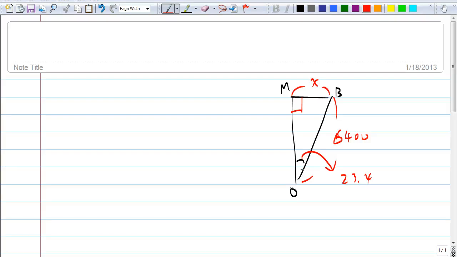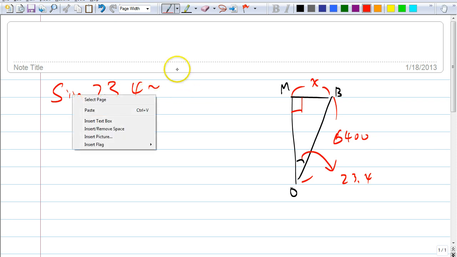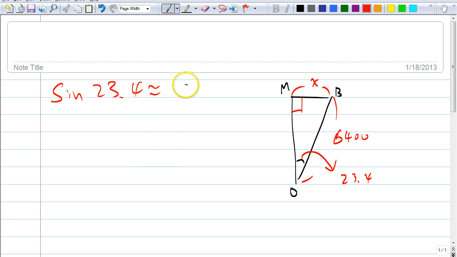Tangent is opposite over adjacent, isn't it? But we know the opposite and the hypotenuse. Oh, wait. We need sine. Very good. So sine of what? Sine of 23.4 degrees. These are all approximate. It's about what? X over 6,400. Good. That's right.